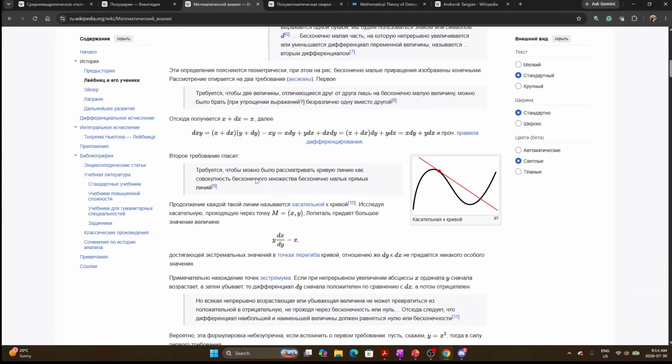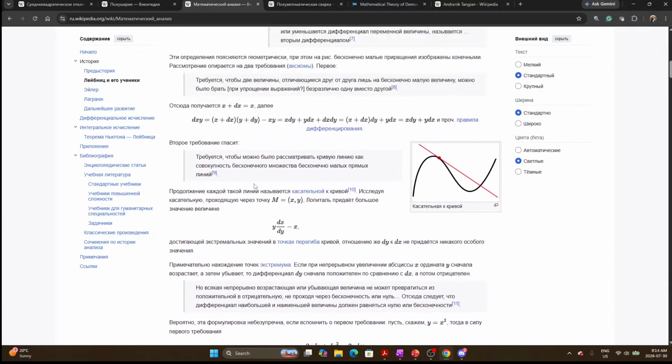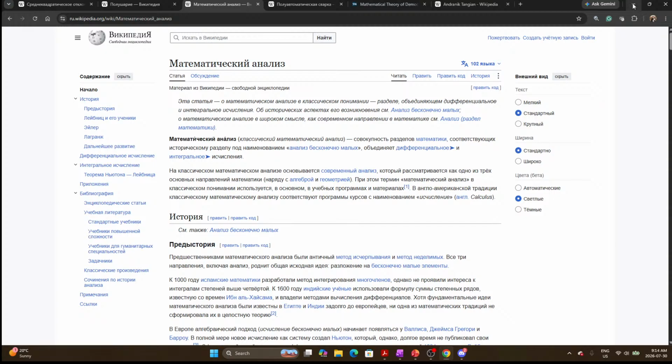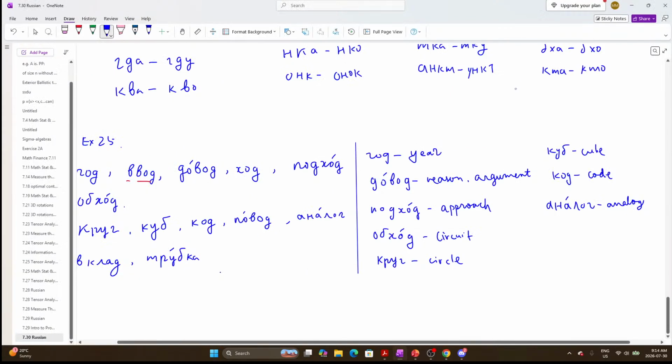Because calculus is so broad, right? Calculus on its own does not mean much, right? In everyday language, we also say действительный анализ, but it also means calculus. Действительный analysis, real.